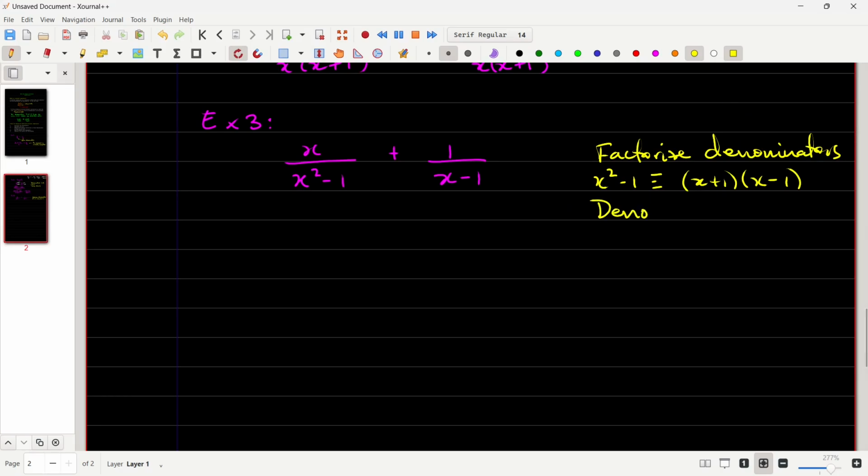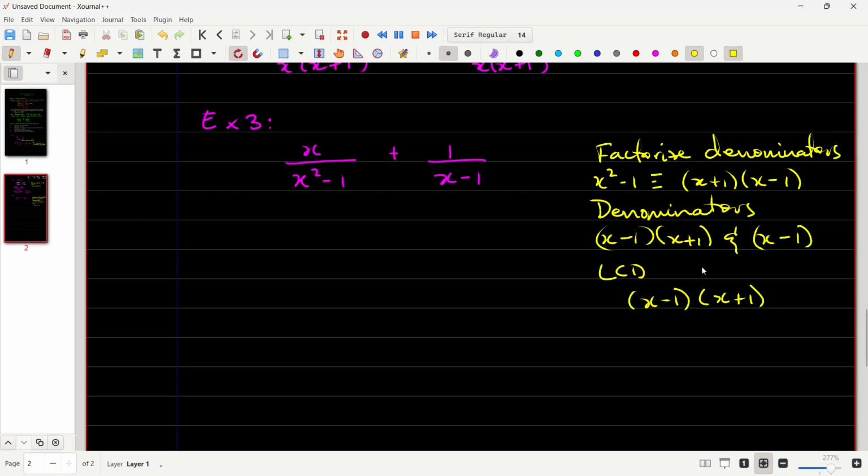The denominators are x minus 1 into x plus 1 and x minus 1. Now I can see that a common factor in the denominators is the x minus 1, and the remaining factor here is x plus 1.